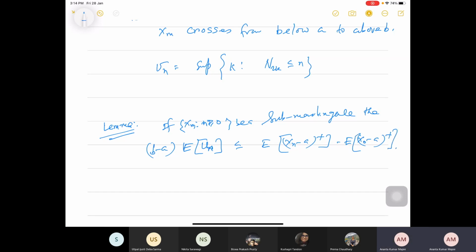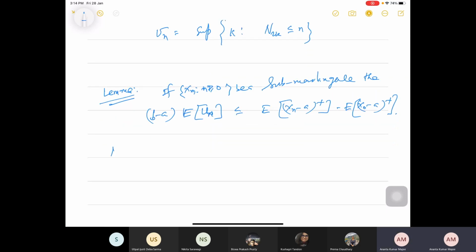U n is random, and the expected value is less than or equal to this divided by b minus a. Let us prove it, and then I will stop. Using this upcrossing lemma, we will prove the martingale convergence theorem, you will see.